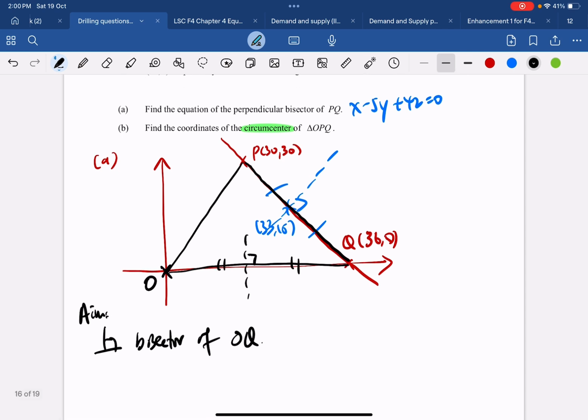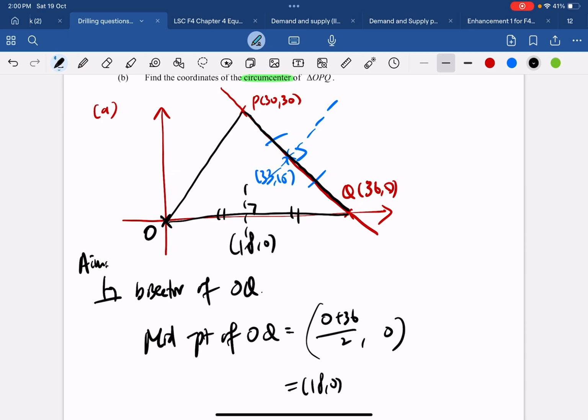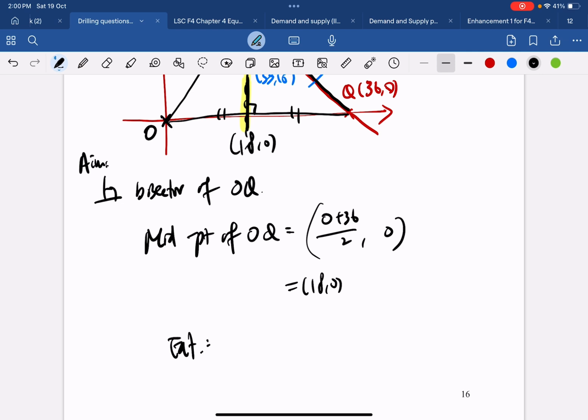So find the midpoint of OQ first. The midpoint of OQ would be 18, 0. And can you see that this time the perpendicular bisector is a vertical line, right? Which means that the equation would be x equals 18, because it's a vertical line.